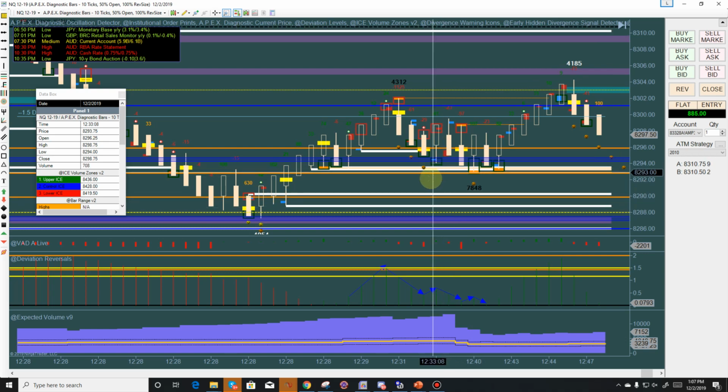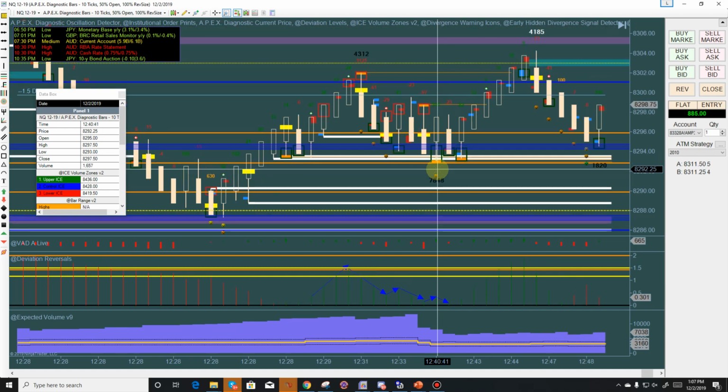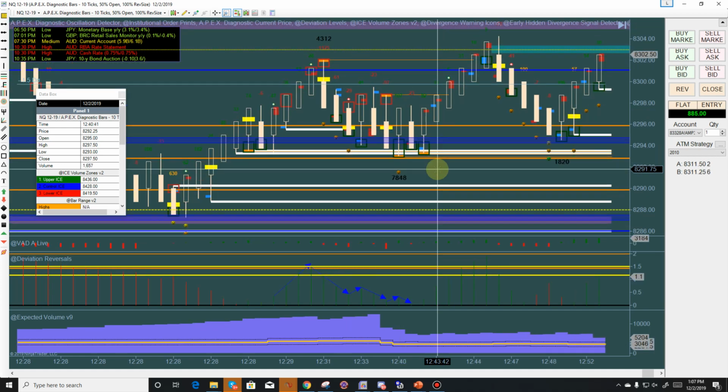I'll give myself maybe at most a point and a half extra, like 6 ticks, if there's a stack right there. Or if I don't like the stop, then I'll just not do the trade. You really need about 4 from top to bottom, but 6 is even better.